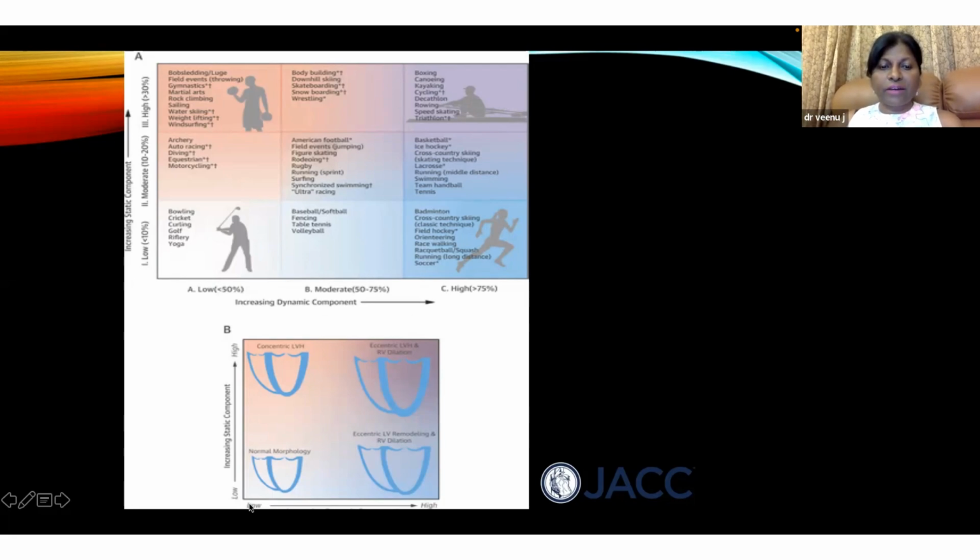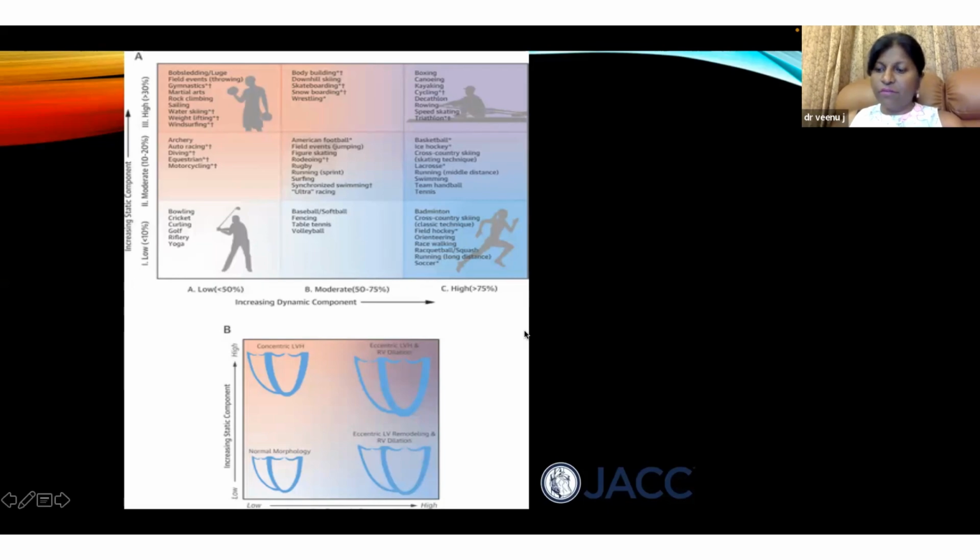Below, we can see in the picture what changes happen in the LV and the RV. Increasing the static component is only going to cause concentric LVH. Increasing the dynamic component is going to cause LV and RV dilatation. But both static and dynamic components increasing will cause both LVH as well as chamber dilatation. That is the maximum remodeling that we see.